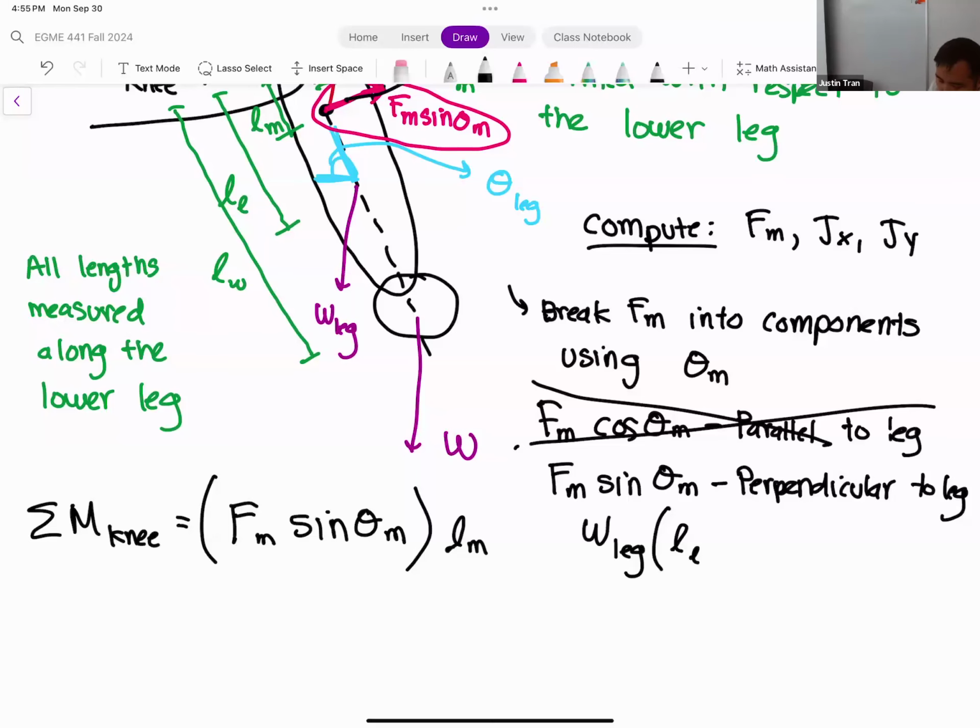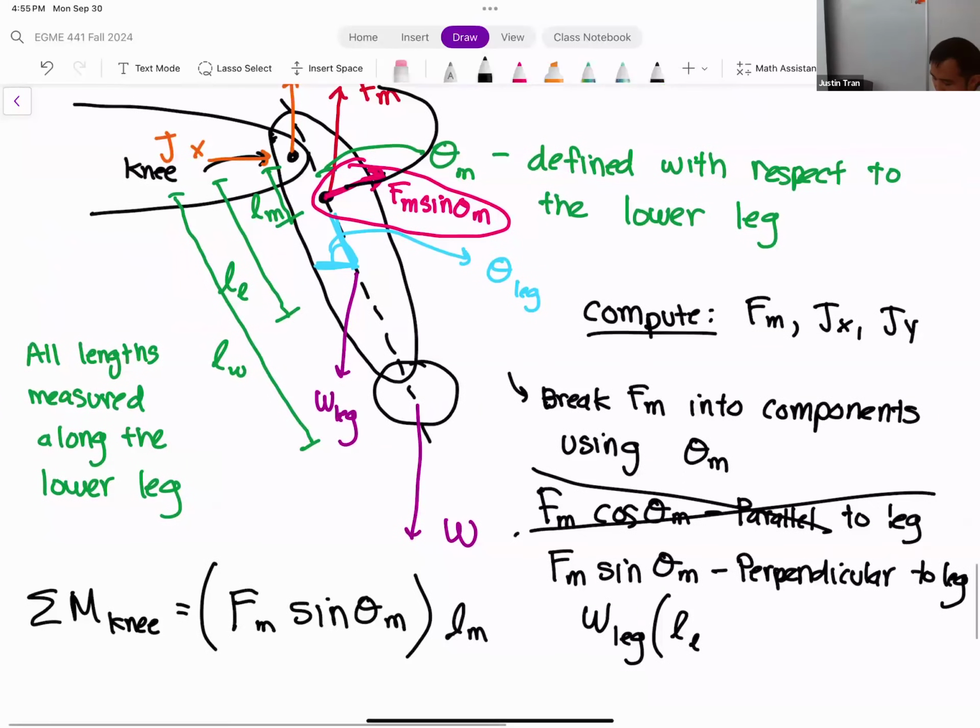Based on the geometry of this figure, we can see that LL is a distance along the leg, but that distance is a slanted distance, right? And so if we draw our triangle, it looks like this. The horizontal distance in this case is going to be LL cosine of theta leg.